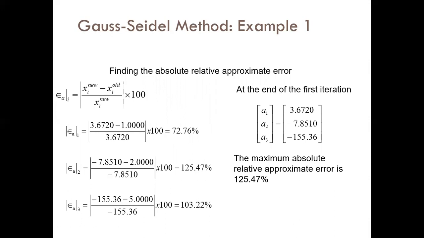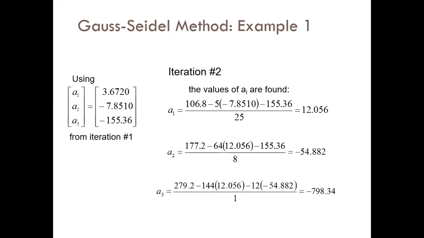So we solve the next iteration, number 2, taking the values of A1, A2, A3 as 3.6720, 7.8510 and minus 155.36.